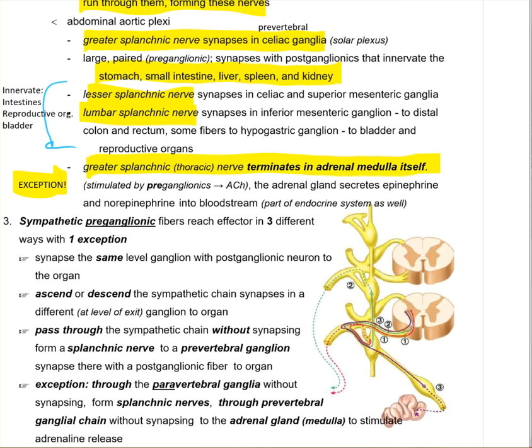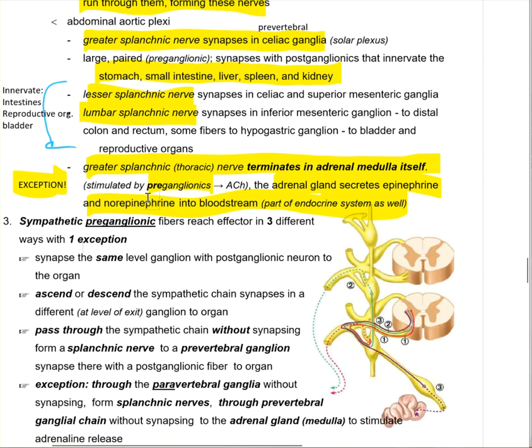So that means it's stimulated by preganglionics. It's only a preganglionic fiber. The adrenal gland secretes epinephrine and norepinephrine into the bloodstream. So that's what the adrenal gland does. So this might give you a little hint as to why this nerve does that, because every time you send a message along a nerve and you have to synapse, it takes time, right? There's a little delay because we have to go from an electrical signal to a chemical signal back to an electrical signal.